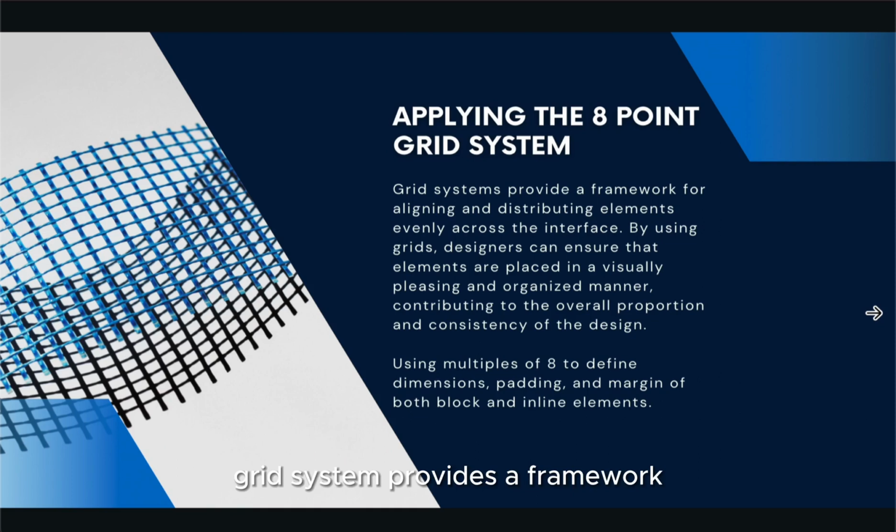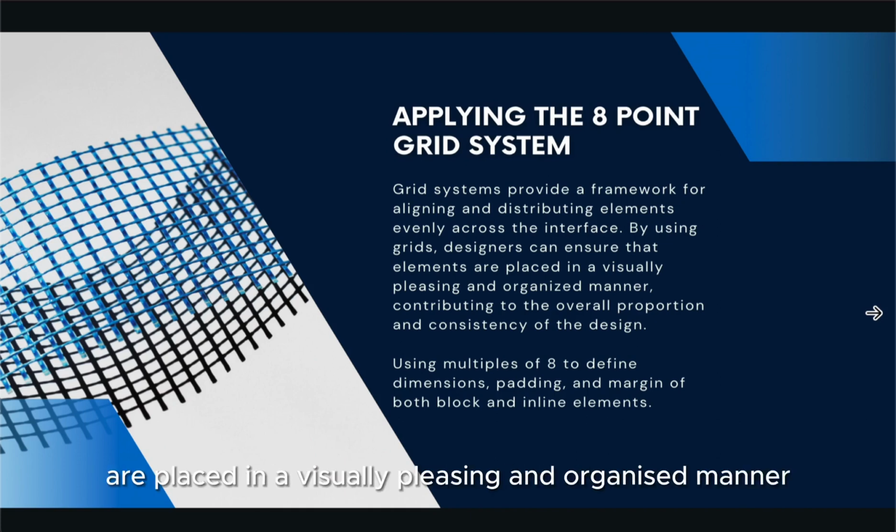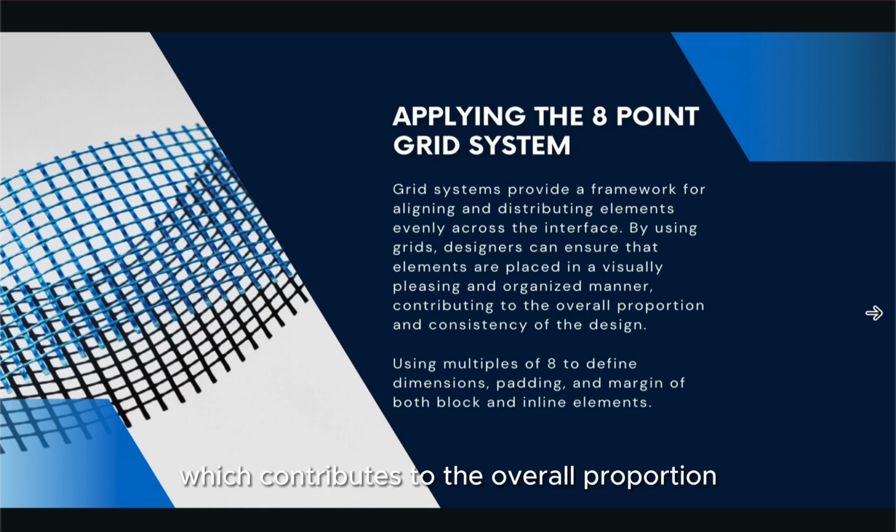A grid system provides a framework for aligning and distributing elements evenly across the interface or across your design. By using grids, designers can ensure that elements are placed in a visually pleasing and organized manner, which contributes to the overall proportion and consistency of the design.